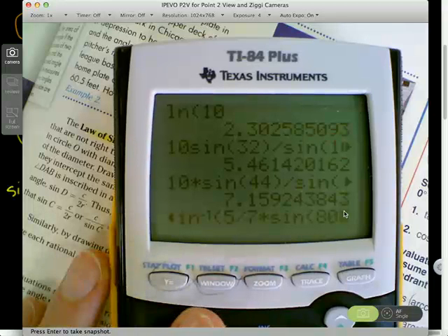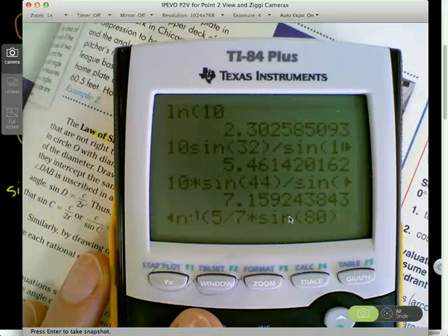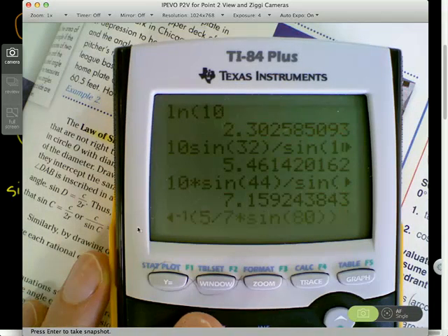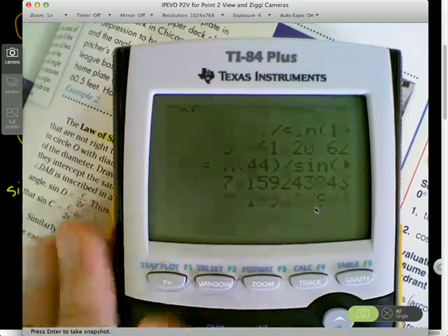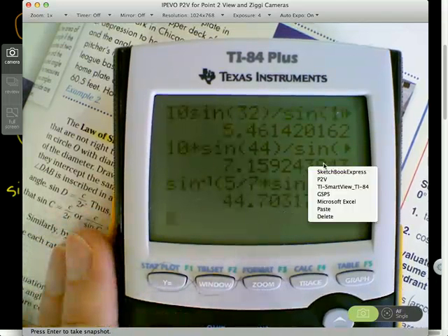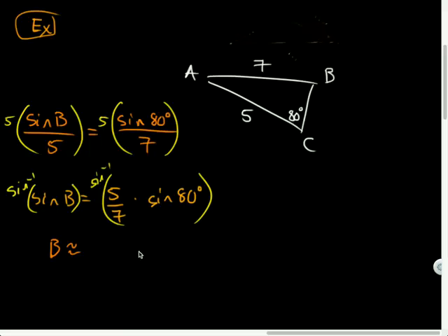When I close this parenthesis, that's closing the sine 80 parenthesis. I have to double close to close the sine inverse parenthesis. I hit enter, and I get 44.7031.